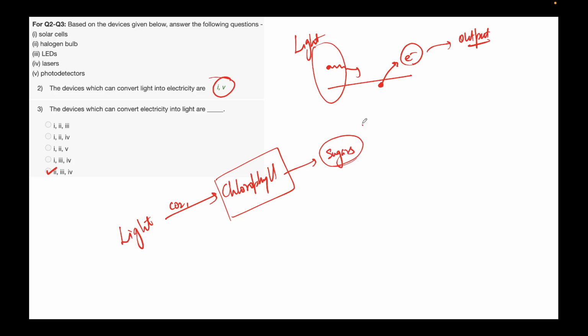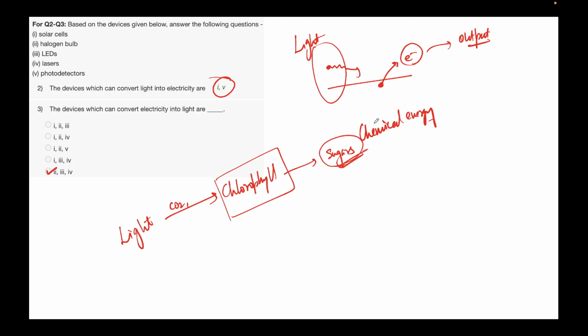This is chemical energy, energy stored in the form of chemical bonds. Ultimately we consume this. Herbivores consume this directly, carnivores consume the herbivores. So essentially that's how the food chain works. This is an example in nature, where light energy is being converted into chemical energy.